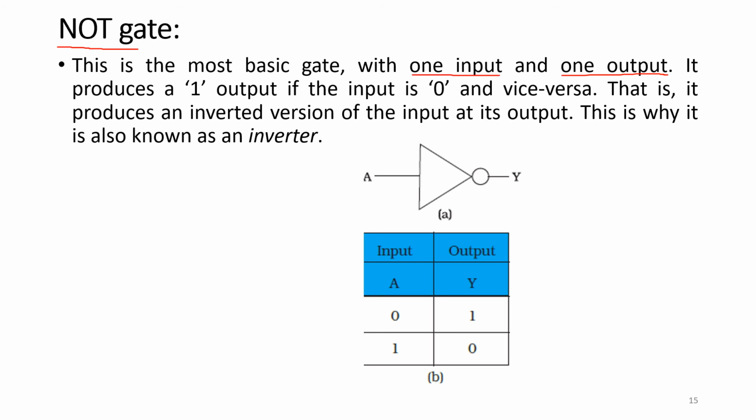If A is 1, the output is 0. That is, it reverses. Y is equal to NOT of A. NOT of 0 is 1. NOT of 1 is 0. This is a NOT gate.